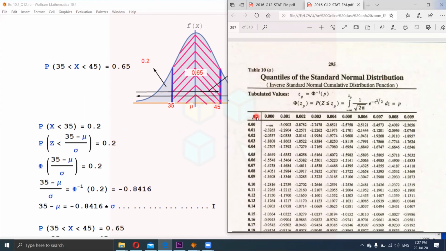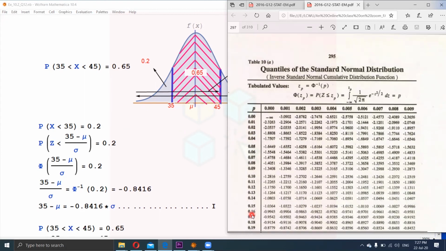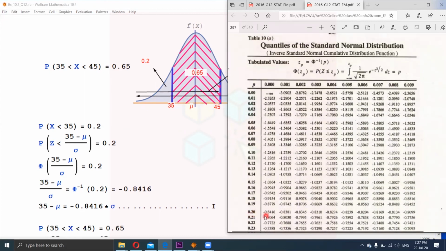Under the column P, we will search the value of probability, which is 0.2. Under the column 0, its value is minus 0.8416.